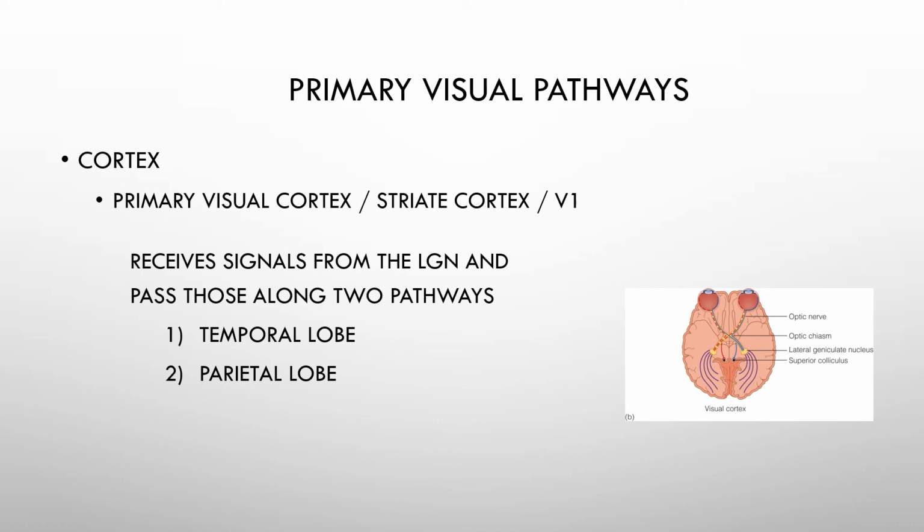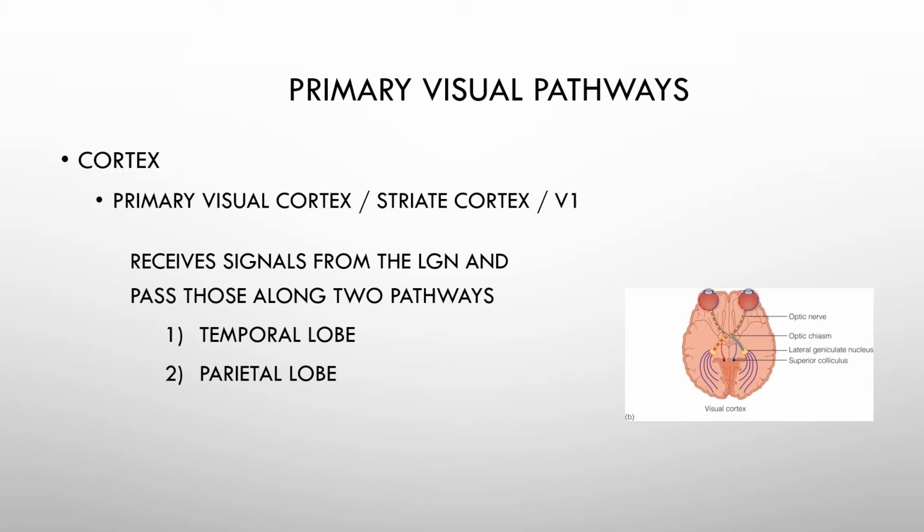Most of the information goes to the lateral geniculate nucleus and is sent along for higher level processing to the primary visual cortex. And I have here the primary visual cortex, the striate cortex. Striate means striped. It has this striped appearance, and they sometimes call it that.